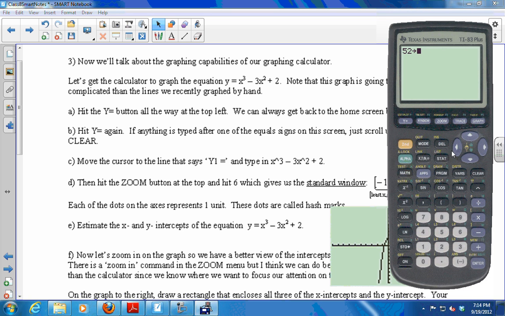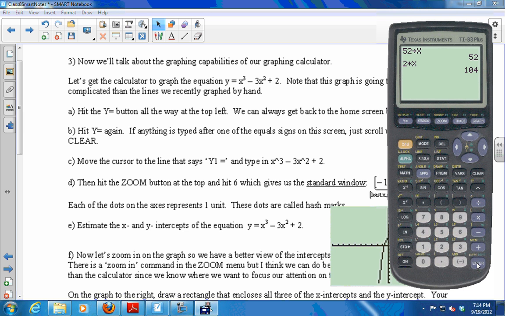Or you could store it as X. You could just press the X button, or you can type alpha X. It's the same thing. So then if I wanted to do 2 times X, it's going to use the X value of 52.